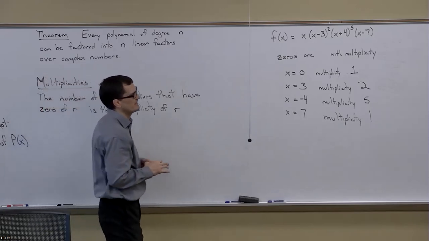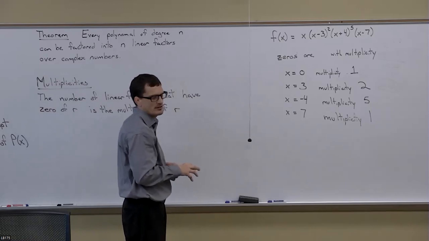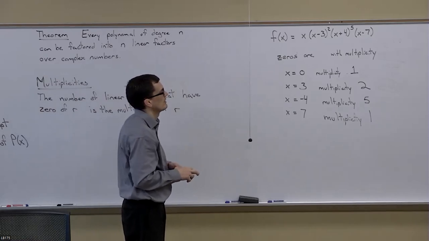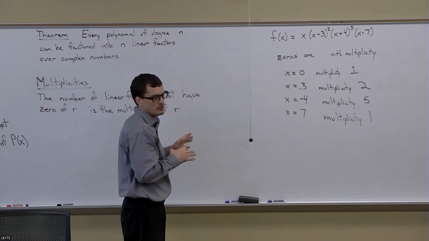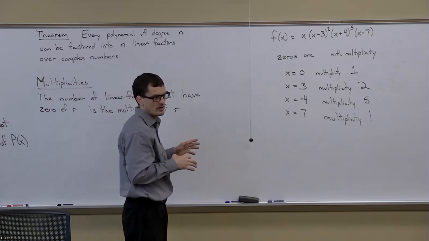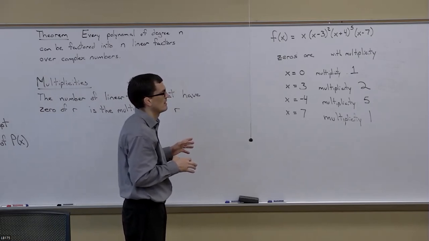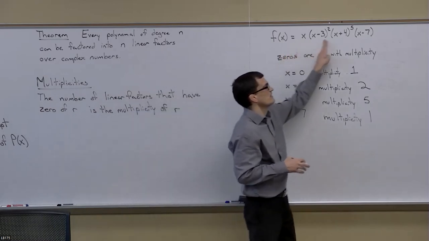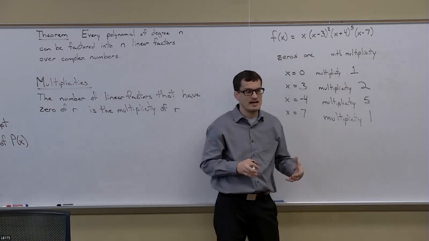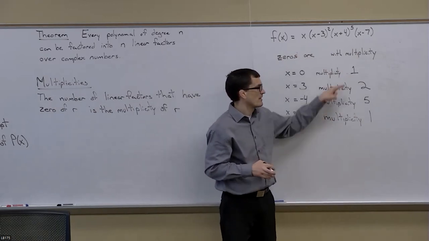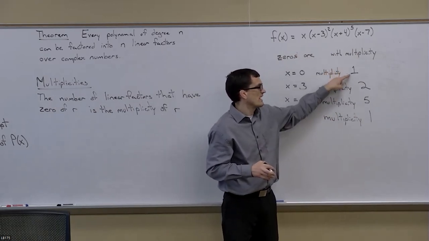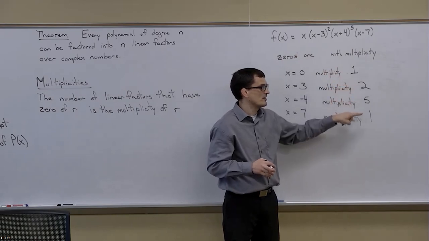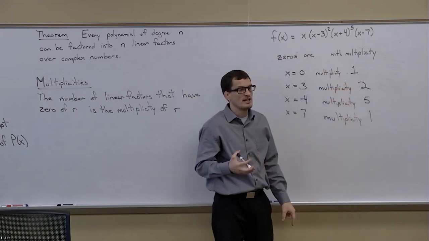Now, if you expanded this out, this would be a really big polynomial. It would be a 9th degree polynomial, all right? So if you multiplied all this out, it'd be degree 9. Notice that when you count the multiplicities up and add those up, it's 9.